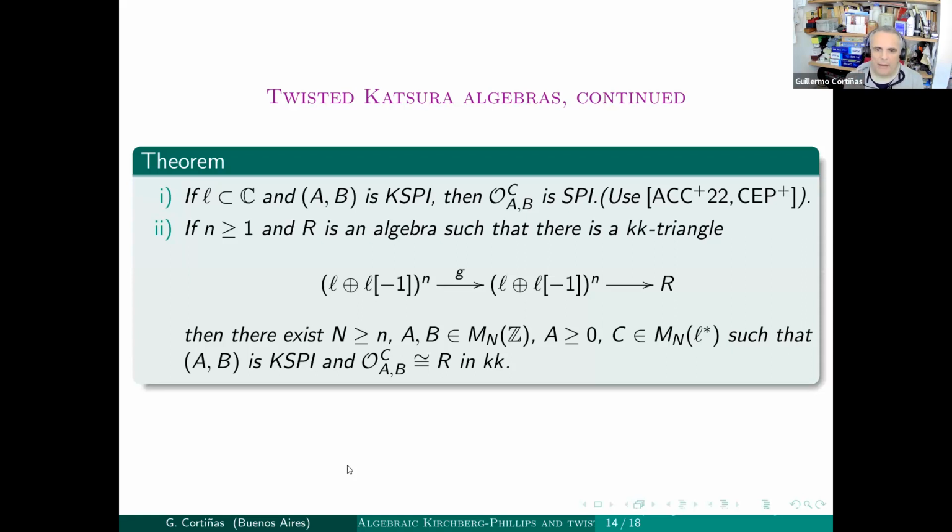Okay, and so if R were already a twisted Katsura algebra that is SPI, and if the algebraic version of the Kirchberg-Phillips theorem were true for twisted Katsura algebras, then I would have that R and O_ABC are isomorphic as algebras.